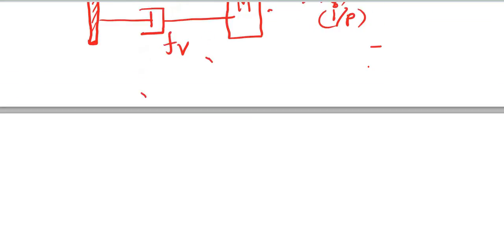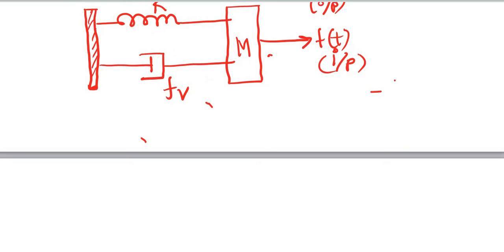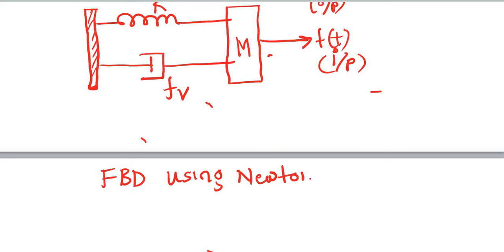Okay, so now let us draw the free body diagram for the above system, using Newton's second law.